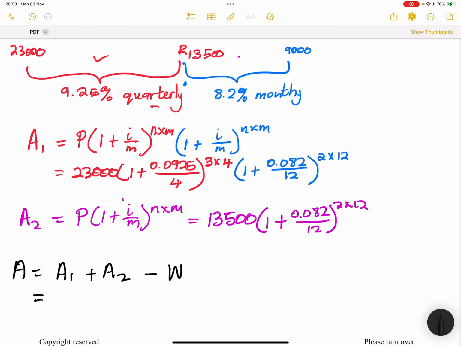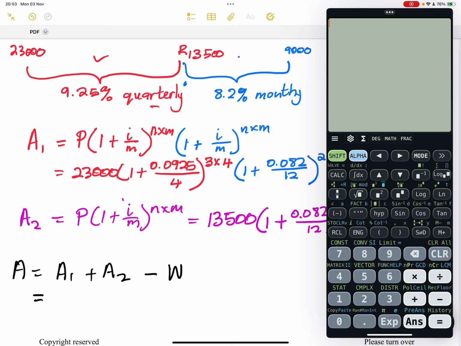So in this case, let's do that in our calculators. 23,000 times 1 plus 0.0925 over 4, and that's 3 times 4, to the power of 12.